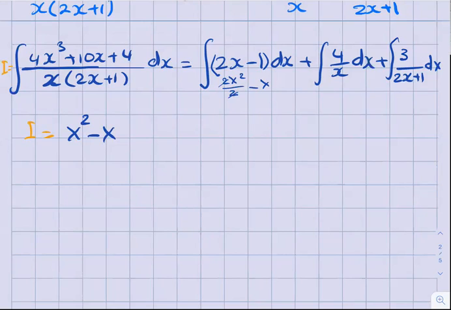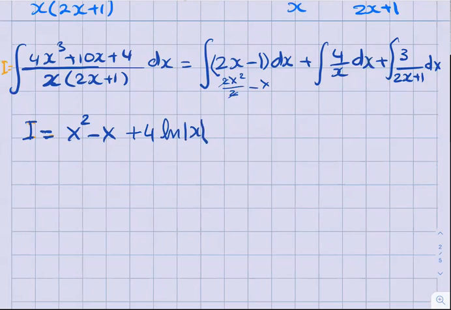Ali, can you help me with this? For 4 over x, ln x. So plus 4 ln x.